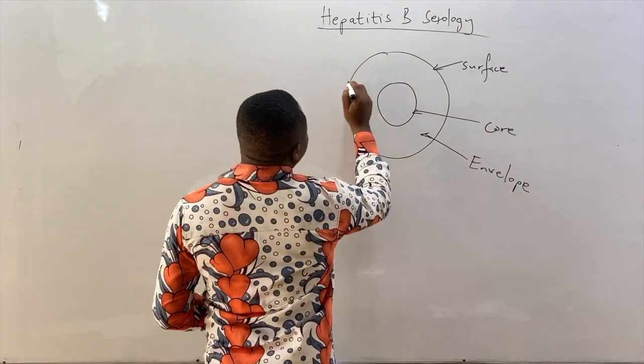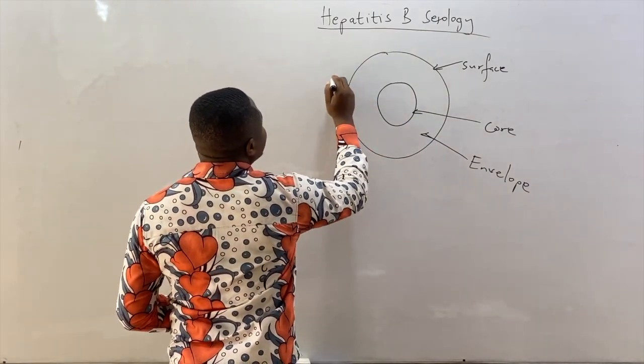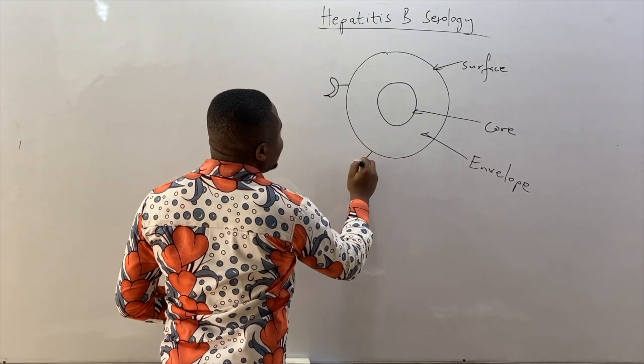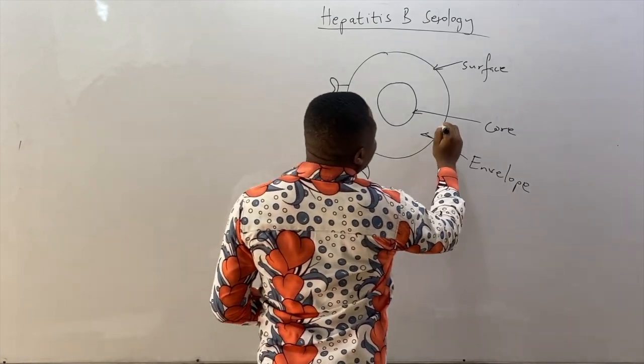So let's take the first one. We'll take this as the hepatitis B surface antigen.